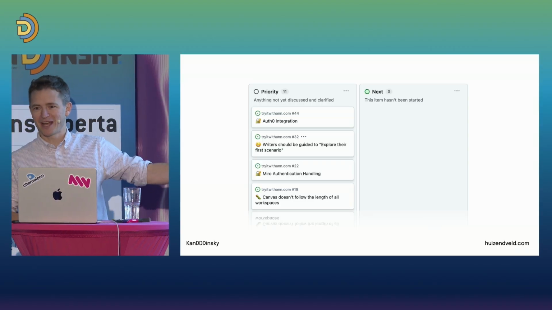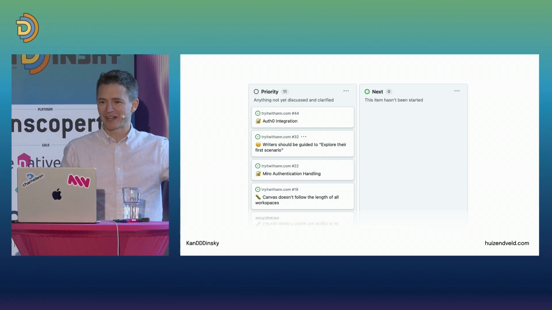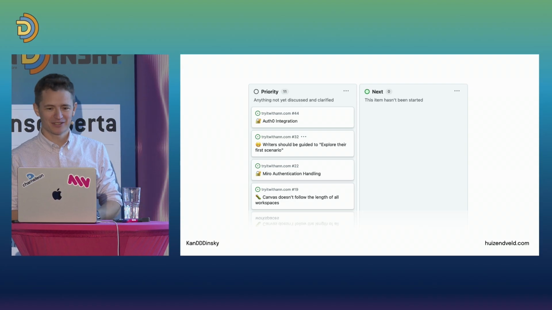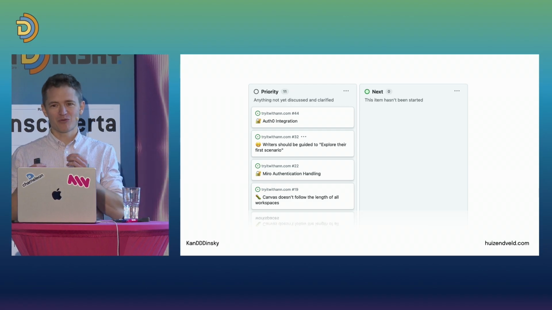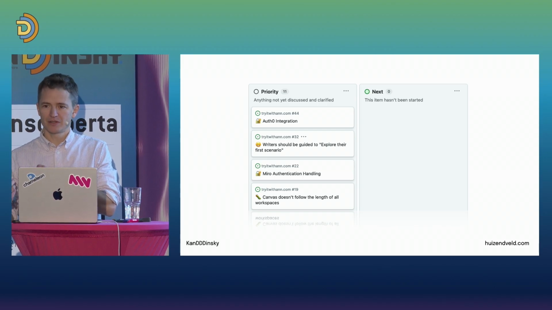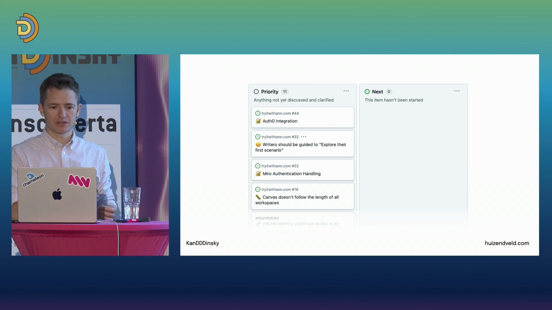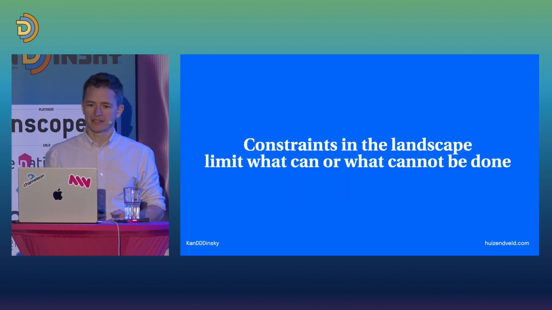Because what quite often happens is that the priority lane then just is more stuffed than the actual regular next action list. This is, by the way, real. And so it doesn't really address the underlying problem, right? It doesn't really address the fact that you have a constraint in the landscape. It is the constraint in the landscape that limits what can or cannot be done.